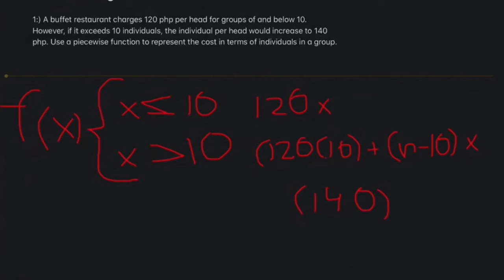So that's your piecewise function for both subfunctions. If x is less than or equal to 10, it's 120 times x. But if x is greater than 10, then it is 120 times 10 plus (x minus 10) times 140. Okay, it's times 140. Okay.